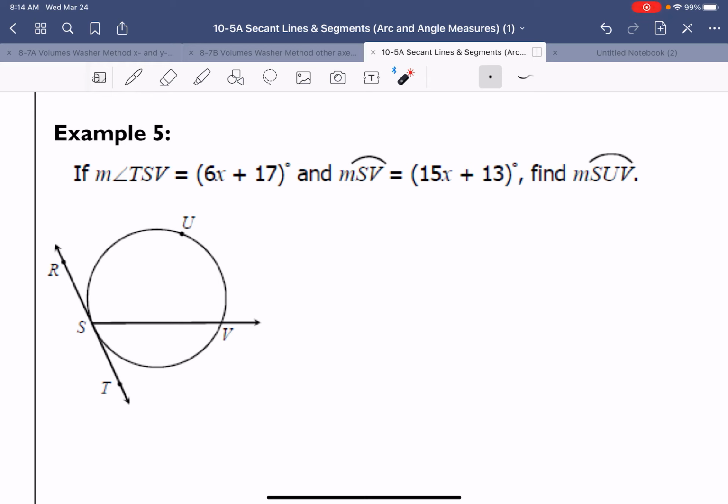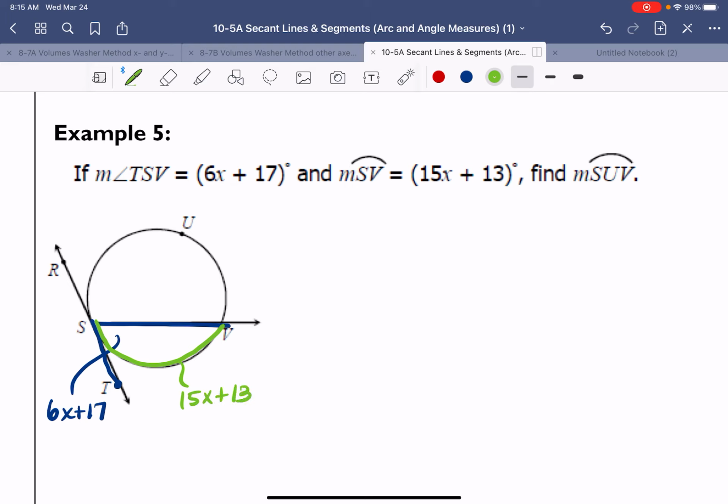It says over here that the measure of angle TSV, so let me get my pen again. This angle is 6x plus 17. And then they say that arc SV, let me go ahead and choose a different color, arc SV is equal to 15x plus 13.